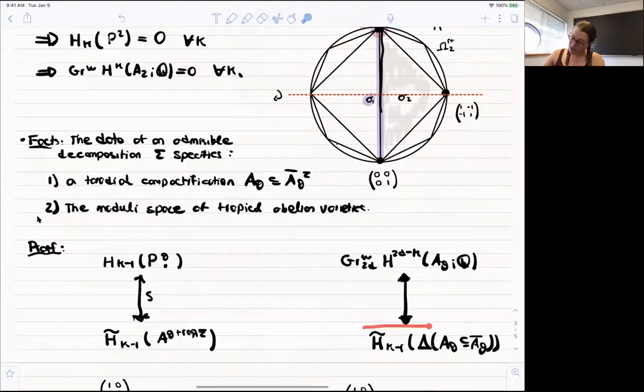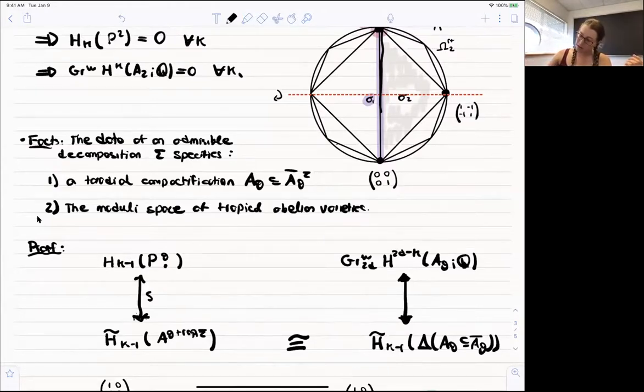You can define this boundary complex in general, but it's not obvious, at least from the existing literature, exactly what's going on in the situation we care about, because things are singular, and singularities can cause some issues. It turns out it doesn't. And the easiest way to see that is that these two spaces, the homology of the boundary complex and the homology of the moduli space of tropical abelian varieties, are in fact isomorphic.